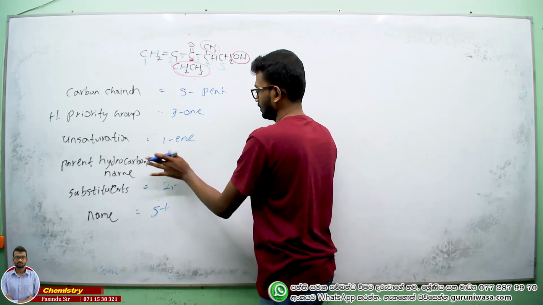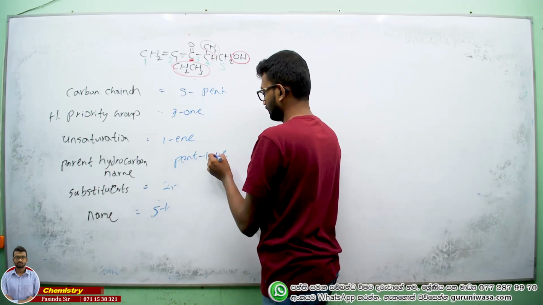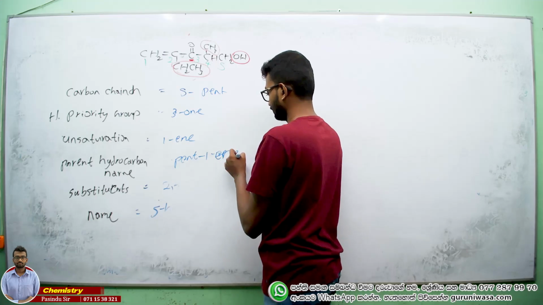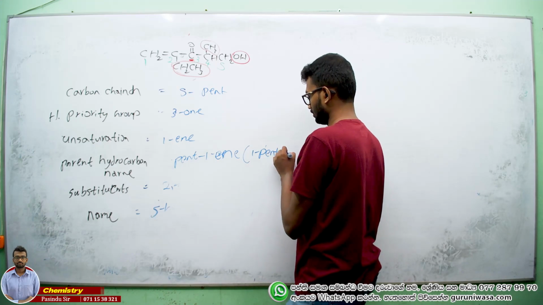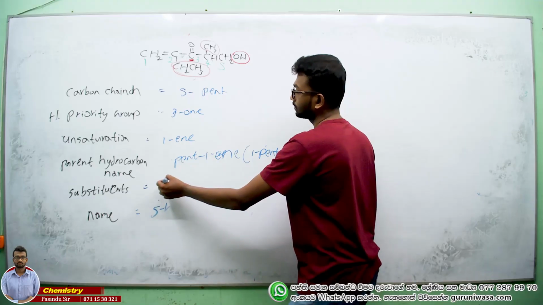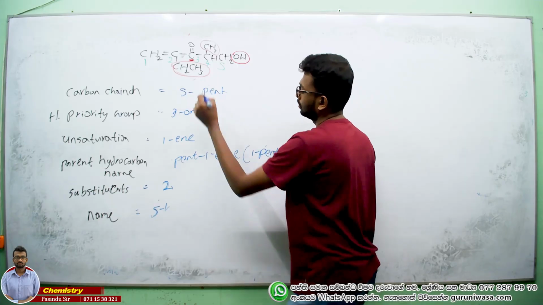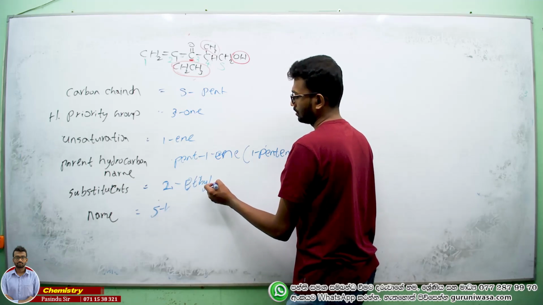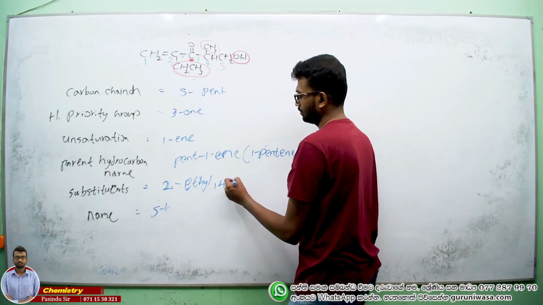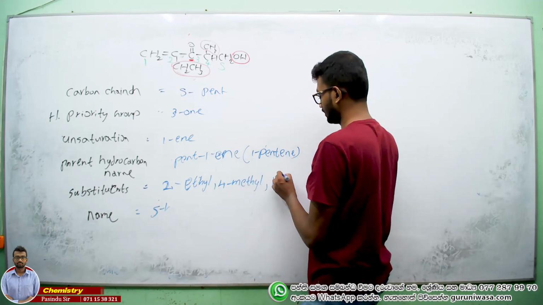We can just write pent 1 ene. Substituents: 2 ethyl group, 4 methyl group, 1 hydroxy.